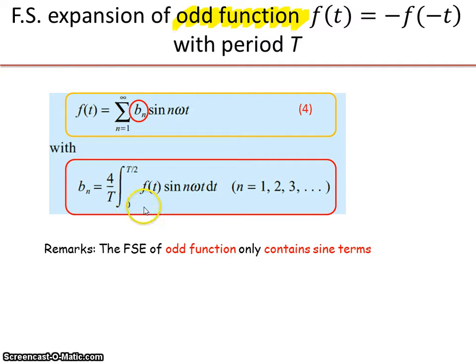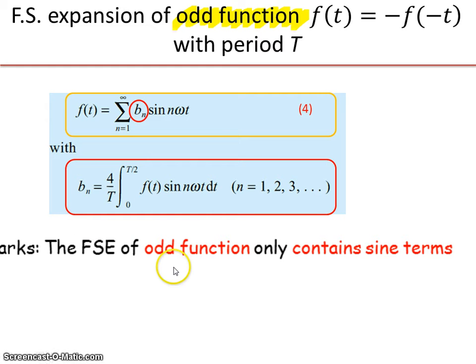The bn here is defined differently from the previous bn for the general Fourier series expansion. And the Fourier series expansion of an odd function only contains sine terms.